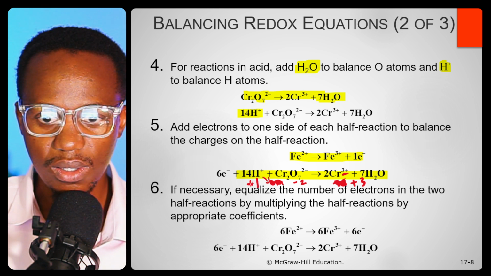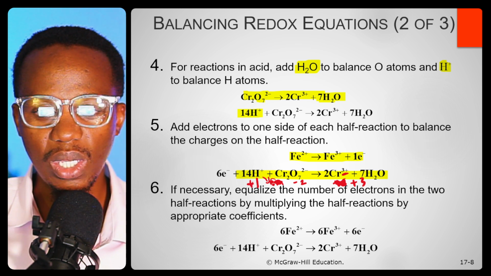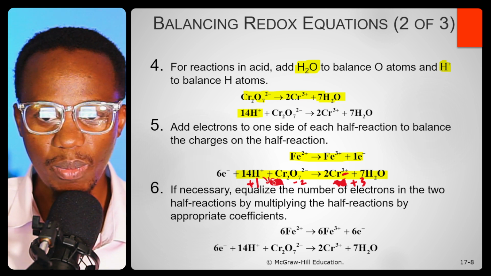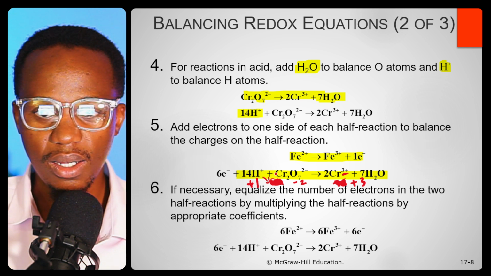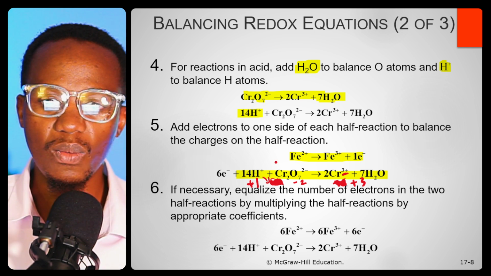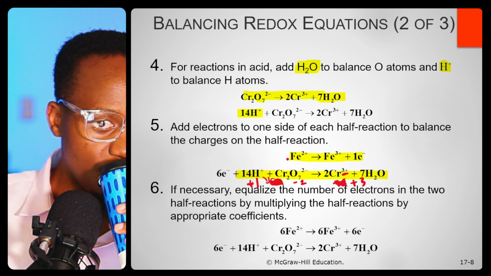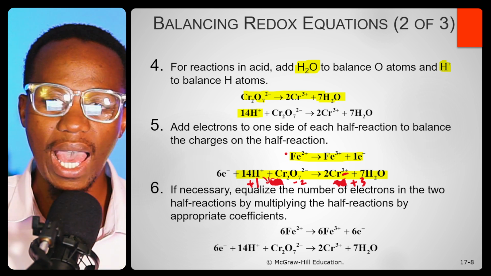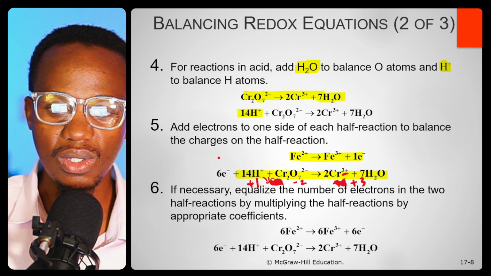All right. So now I'll have to equalize the charges. How many electrons do I add on either side to make sure that we are equal, right? And then you're going to make sure that you also relate it to the other half reaction. So we have 2 half reactions. It's not just one.